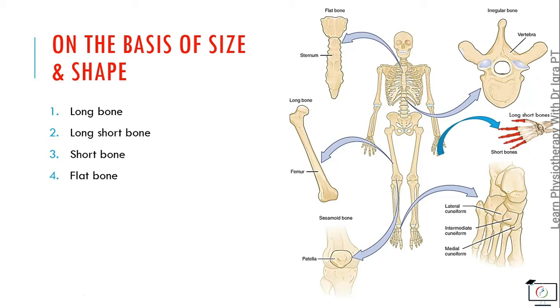Example is the sternum or the skull. Then the irregular bones. They have no specific shape. Example is the vertebra of the spine. Then the sesamoid bone. Sesamoid means seed shaped. Example is the patella of the knee.